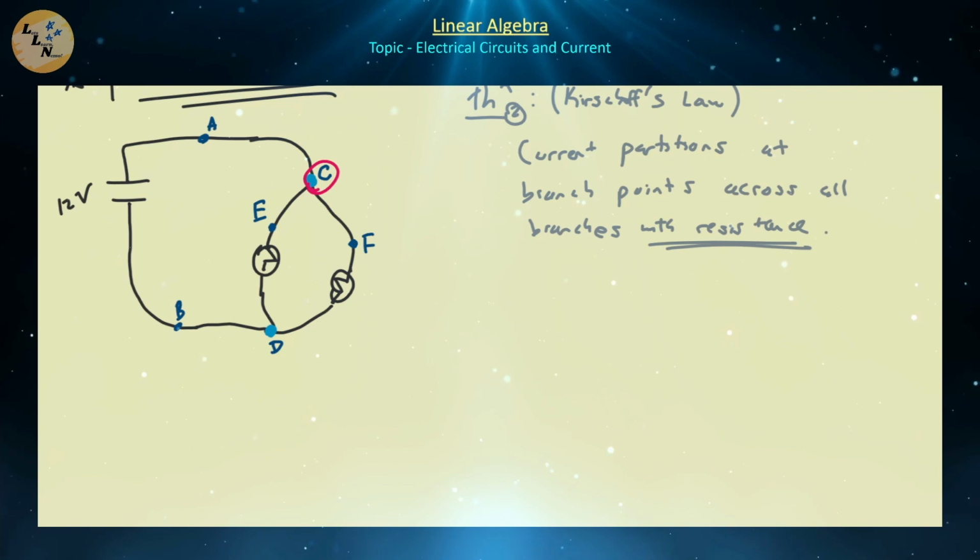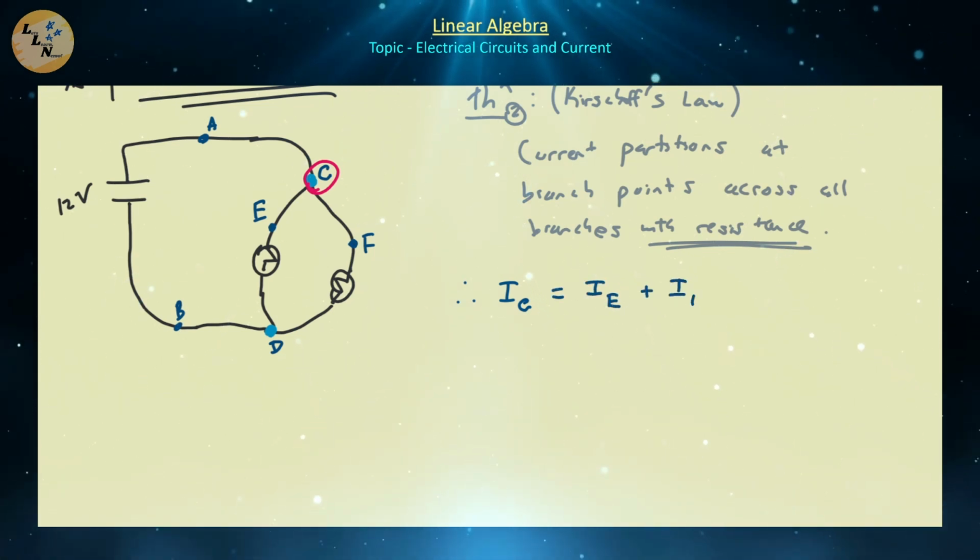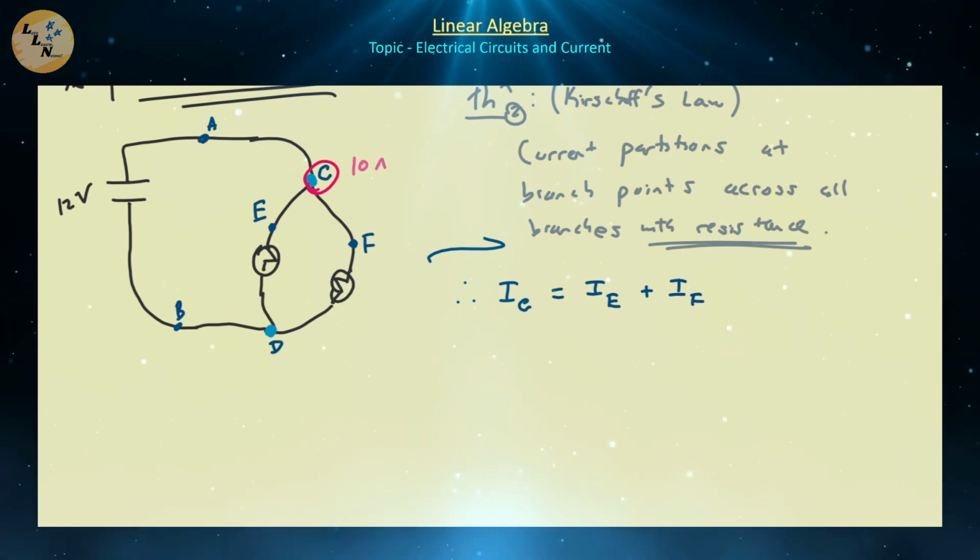So with that being said, in this picture, that means the current at C is going to be decomposed into the current at E and the current at F. For example, if C is 10 amperes, then it's possible that that is 8 and that is, for example, 2, all right?